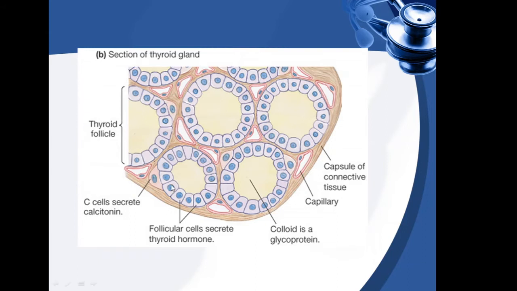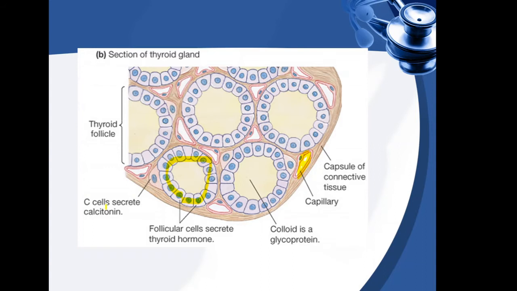You can see the follicles. These are the follicles, right? And in between you have these smaller structures, which are capillaries. Other than that, these are the follicular cells, and there is an extra cell attached to the follicular cells.